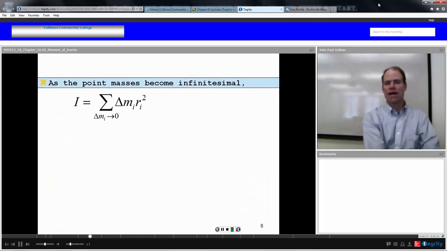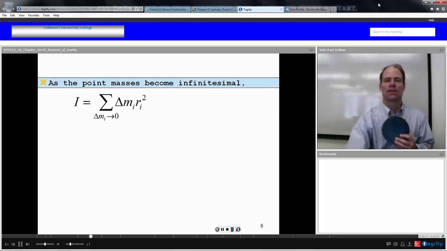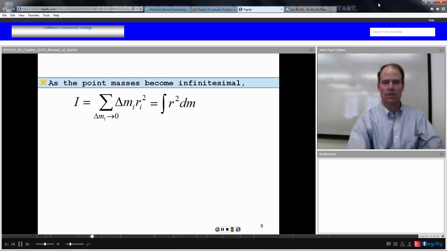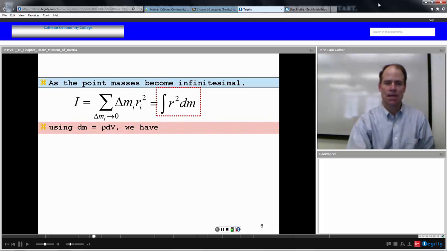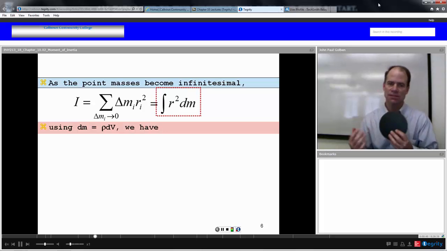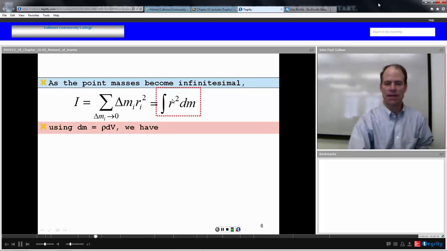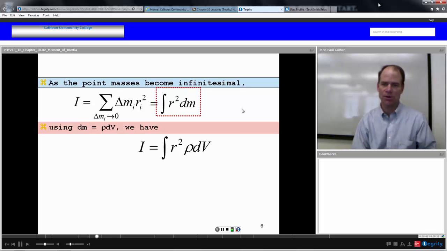Well, as these point masses become infinitesimally small, this summation will approach a definite integral. So we have a definite integral, r squared dm. dm is our little infinitesimal change in mass. And if we say that our infinitesimal change in mass is equal to density, which for a continuous object would be a constant, times our change in volume, because density is mass per volume, we could make that substitution into this integral, and we would have that the moment of inertia is the integral of r squared times the density dV.